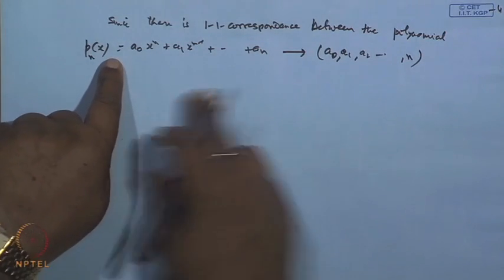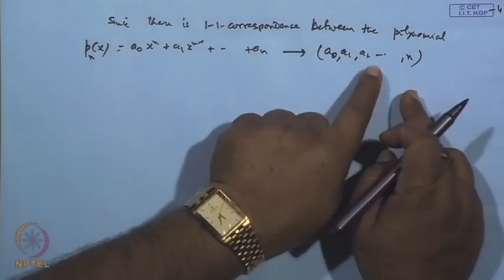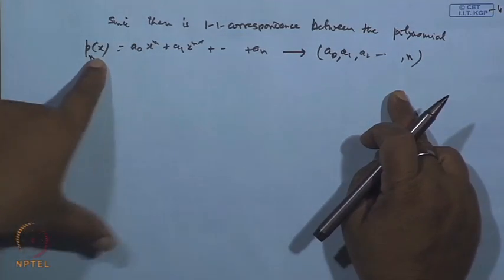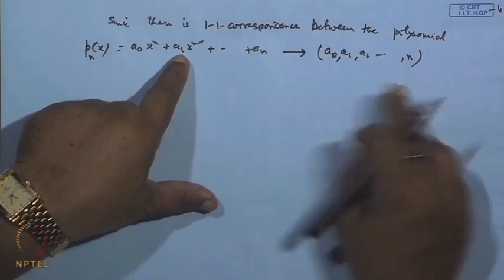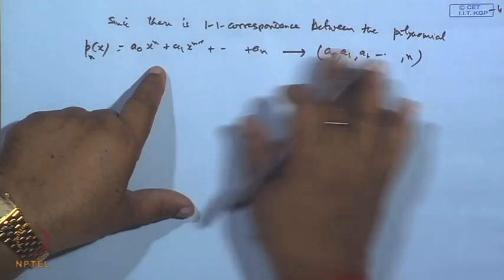Corresponding to each polynomial we can get these tuples, and if this tuple is known, we can construct a polynomial of degree n. So, there is a one-to-one correspondence between these two.